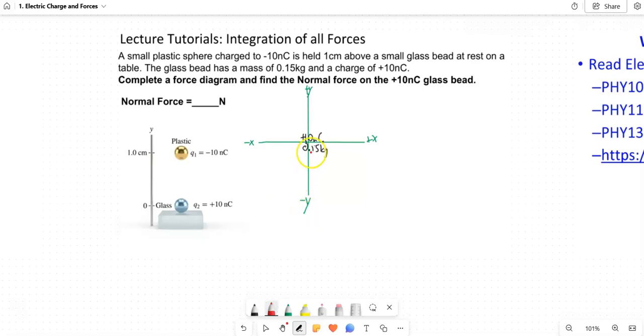This object will have a mass pulling it down. The Earth will be pulling it down. And so that's the mass times gravity. And while I'm here, I'm just actually going to go ahead and write in negative 0.15 kilograms times 9.8.